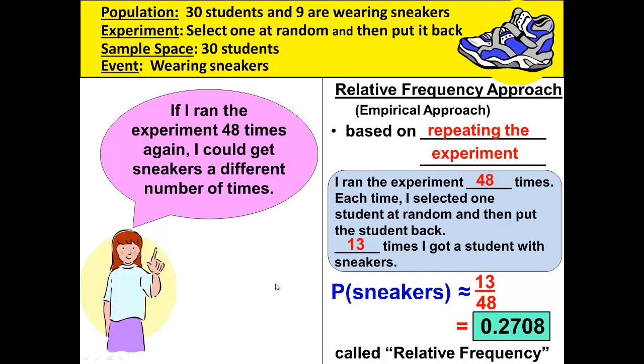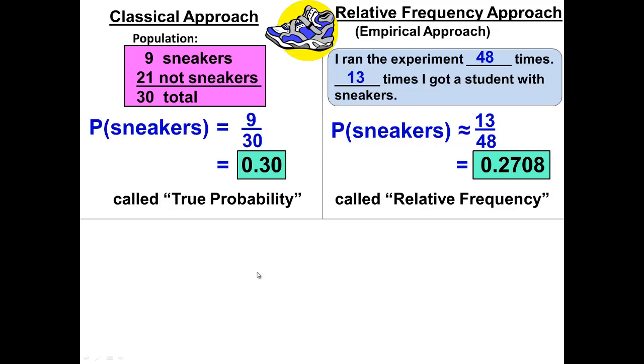If I ran the experiment 48 times again, I could get sneakers a different number of times. The total would still be 48, but I might get more than 13, I might get less than 13 as the number of sneakers that I counted. Here is a summary of the two approaches.